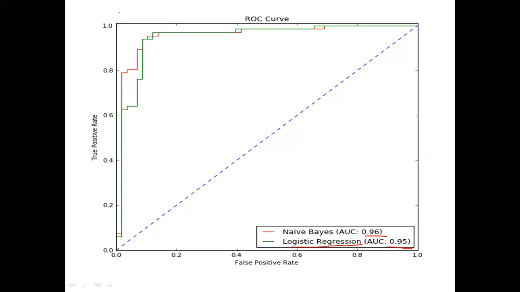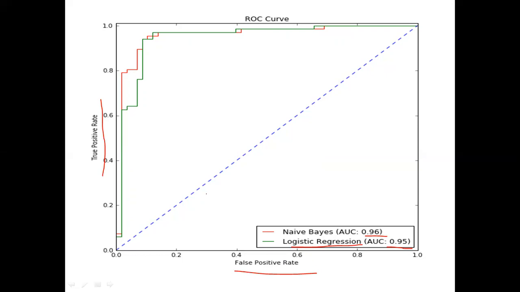The y-axis of this curve represents the true positive rate, that is the sensitivity, meaning the correctly classified records, and the x-axis represents the false positive rate, that is the misclassified records.